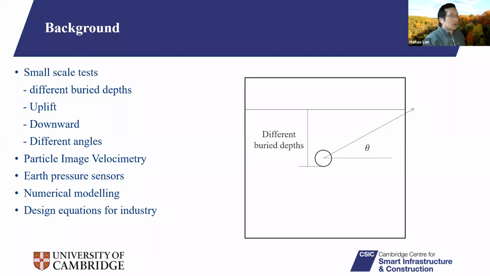And then we also install those earth pressure sensors to measure the soil stress around the pipe, and to compare to our numerical modeling, and to see how the design equations perform compared to our test data. So if they're not good, we will propose our design equations.